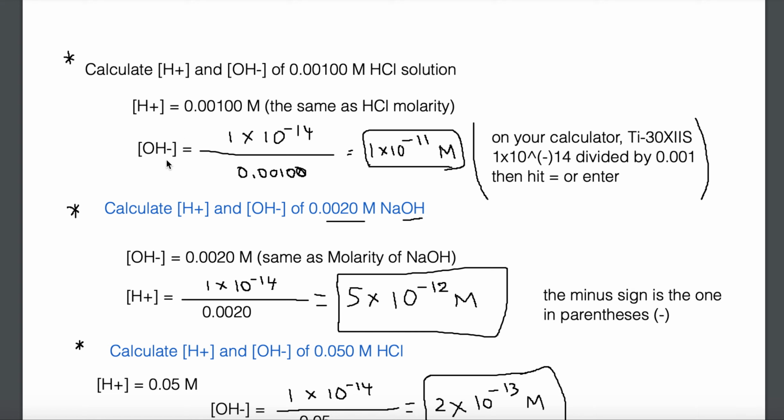Now OH minus, all we have to do is take 1 times 10 to the minus 14 divided by H plus, which is 0.00100. Put that in a calculator, you will get 1 times 10 to the minus 11.